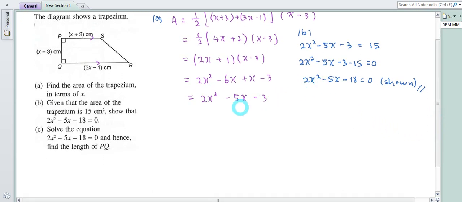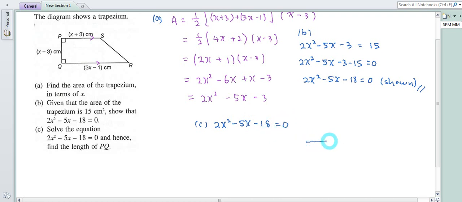Okay, we go to the last one. Solve this quadratic equation, and we need to find the length of PQ. So PQ is x minus 3, which means we need to find the value of x first. 2x squared minus 5x minus 18 is equal to 0.